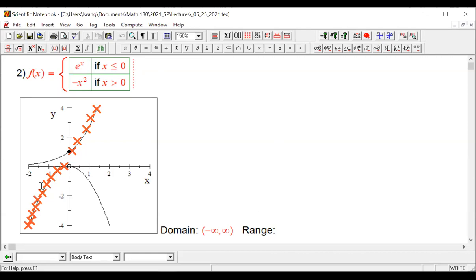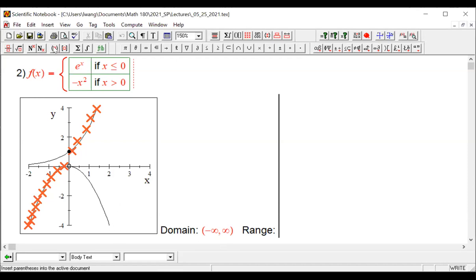On this piece, you have all the positive numbers up to 1, but you don't have 0. Then from here, it's negative infinity to 0 on this piece.